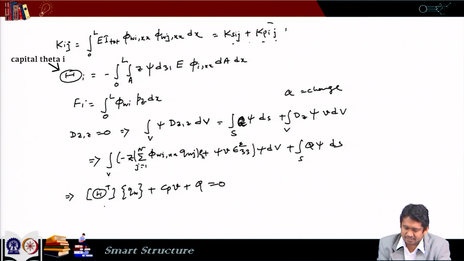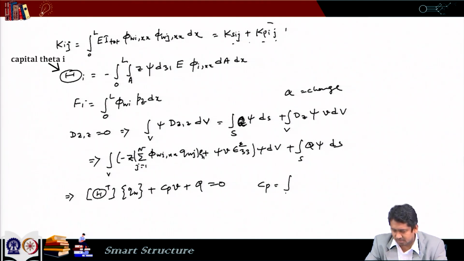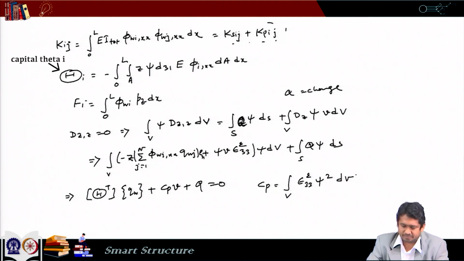Phi t we have already defined. Cp comes to be volume integral of epsilon 33 epsilon sigma square dV. So, we have got these two equations.